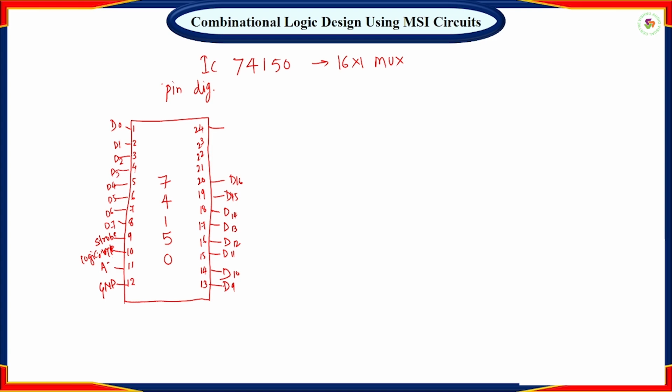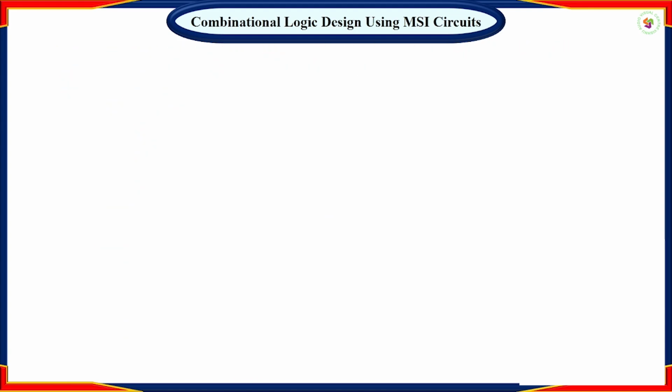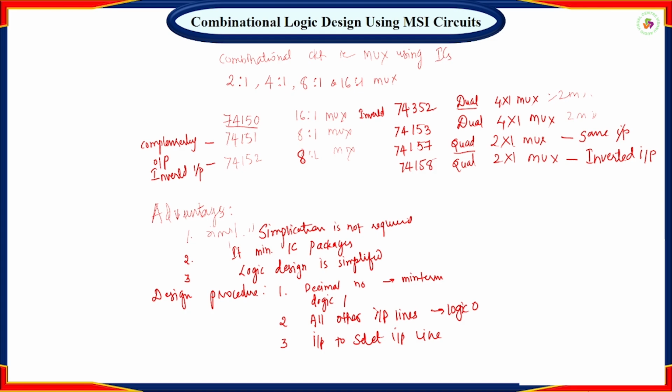Similarly, you have to design the multiplexer circuit using different combinations of ICs such as 74151, 74152, 74153, 157 and 158. These ICs are used.